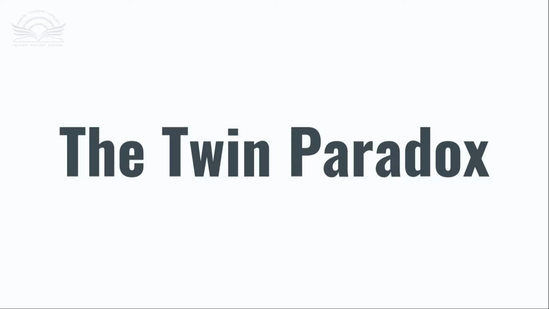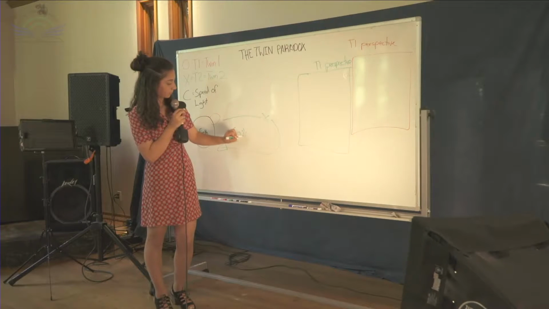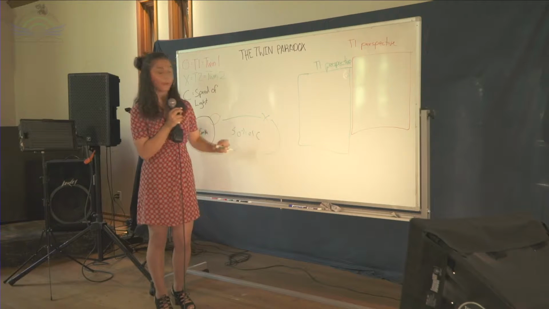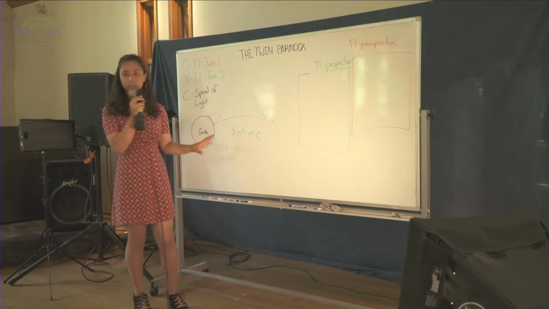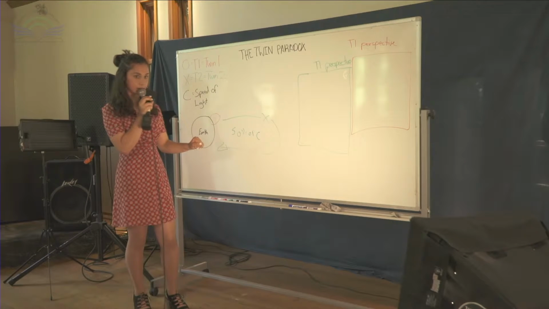One twin stays on Earth over here, while the other twin goes on a little journey for about 30 years at half the speed of light. I apologize, I removed that in writing. Okay, so this is what this idea is based around.